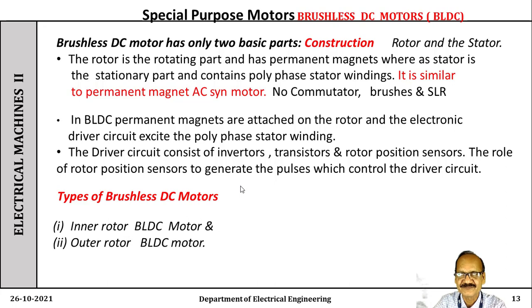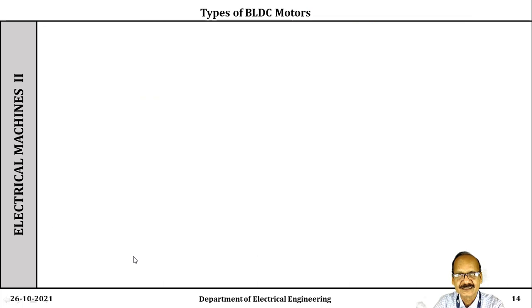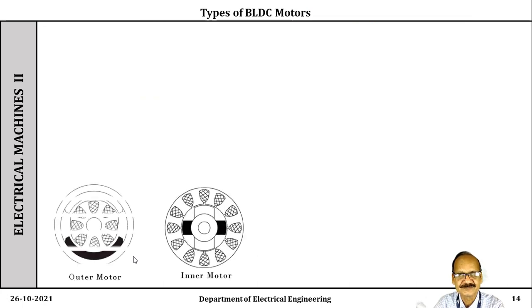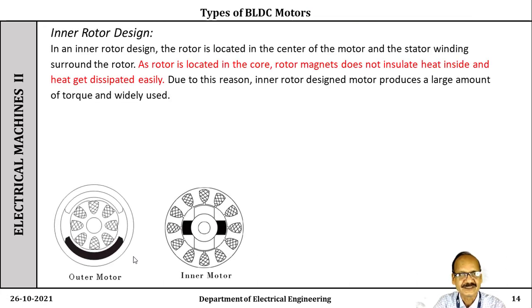Now what are the types of brushless DC motors? One is the inner rotor BLDC motor, and another is the outer rotor BLDC motor. The inner rotor BLDC motor is popularly used everywhere. Now pay attention here. In the inner rotor design, the rotor is located at the central part of the motor, and the stator winding surrounds the rotor.